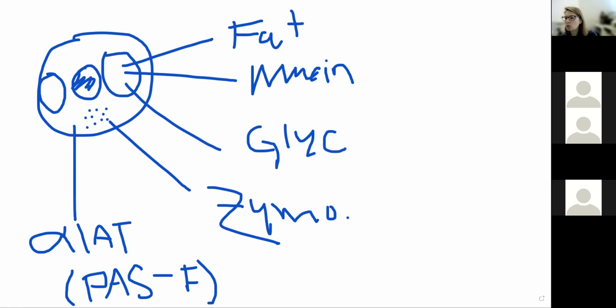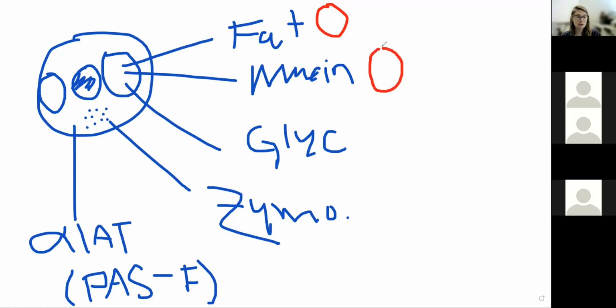So what happens? Fat is generally a very clear vacuole because it falls out in processing. Fat just falls out of tissue. The only way we're able to see fat is if we don't process it in water and formalin, for example, on a cut cryo section. So the only time we're ever going to actually see fat is on a frozen section. Once it gets processed, we don't see it. We just see the white hole.